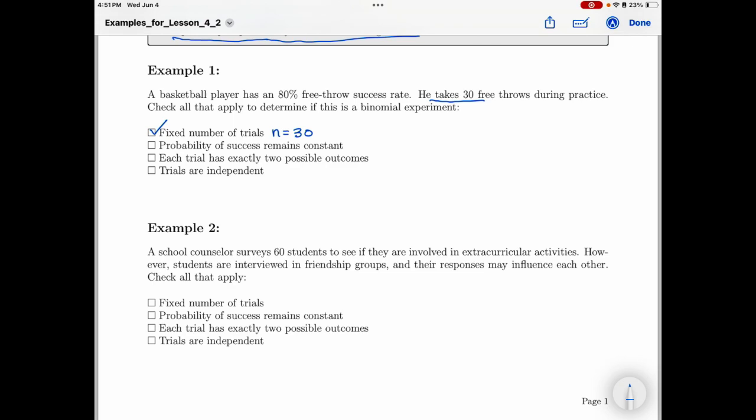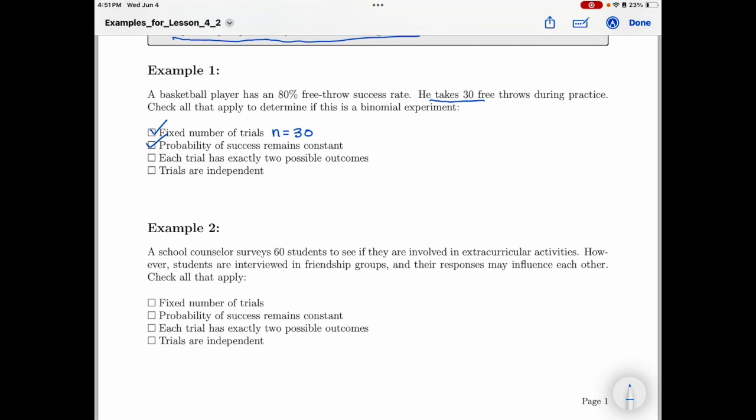The probability of success remains constant. The probability of success in this case is 80%. It doesn't say that the probability changes with each throw. So the probability of success remains constant. That is met, so we can give that a check mark.